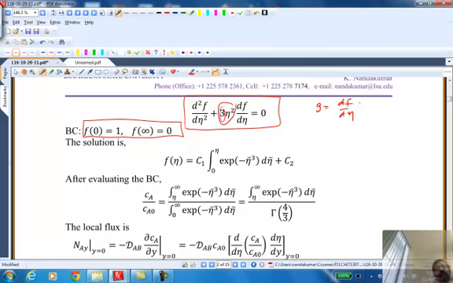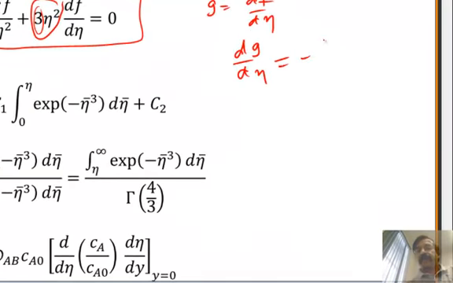Define a new variable g equals df d eta, the same trick that we did before in the Stokes problem. So then it will become dg d eta equals minus 3 eta squared g. So I've taken this to the right hand side. So I'm writing it as minus 3 eta squared df d eta, but df d eta is g.